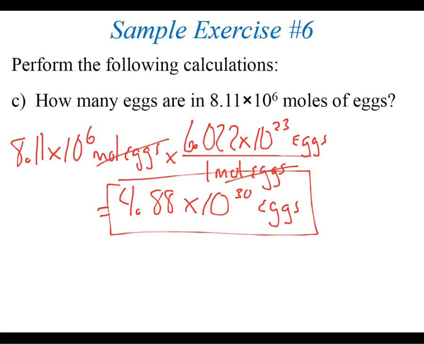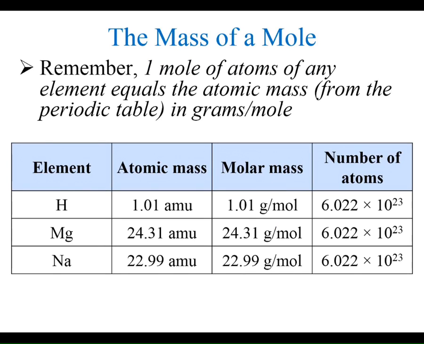Okay, so that's the first part. That's taking the moles into particles. But we don't really use moles when you're weighing things out. We weigh things out in grams. So I told you earlier that those masses on your periodic table are the mass of a single one of those elements, or the mass in grams of a mole of those elements.